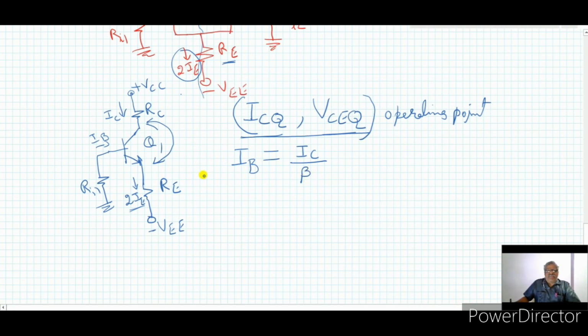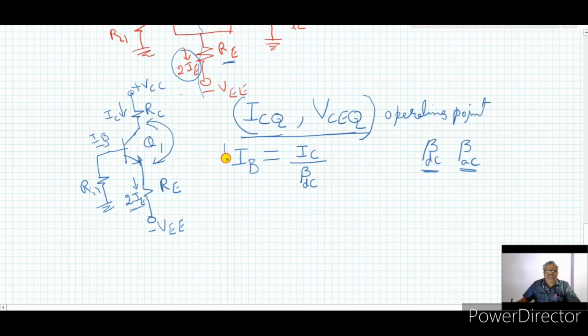What is beta? For a transistor, there are two betas defined by the manufacturer. One is beta DC, the other one is beta AC, that is, AC current gain and DC current gain. Because we are performing DC analysis, here we have to take DC beta.